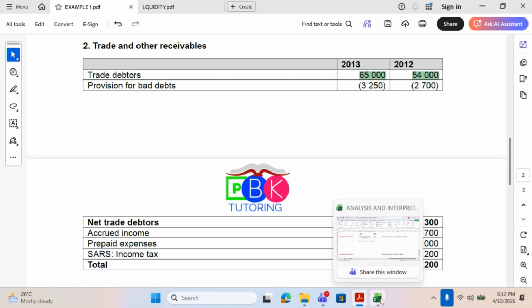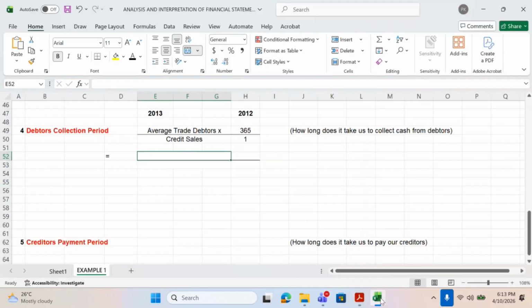So 65,000 rands plus 54,000 rands, and then I'm going to divide it by 2 because we're dealing with average, guys. If it's an average all the time, make sure that you divide it by 2 or you multiply it by 1/2.